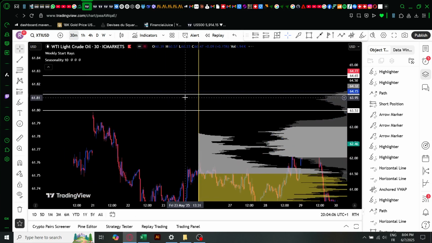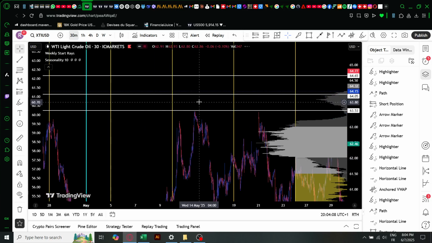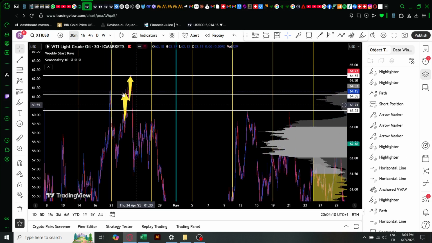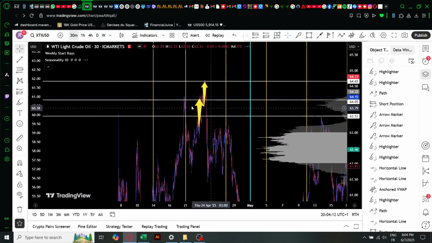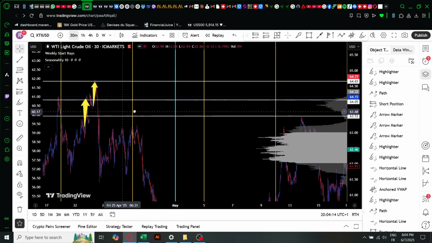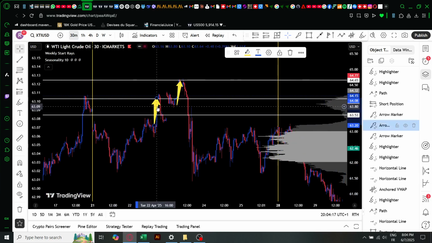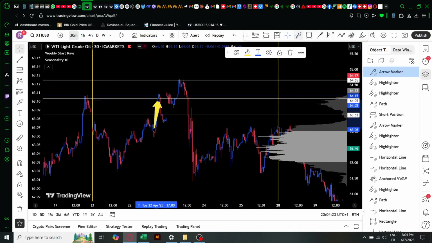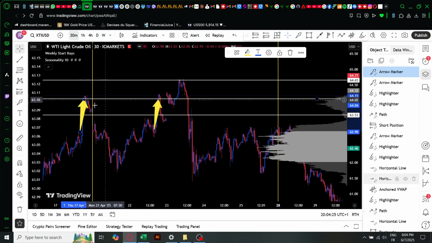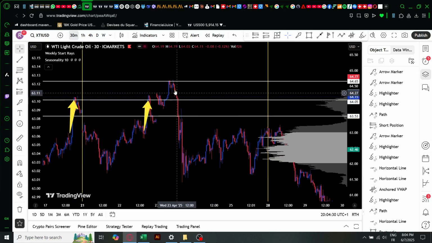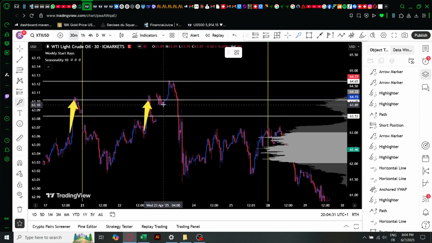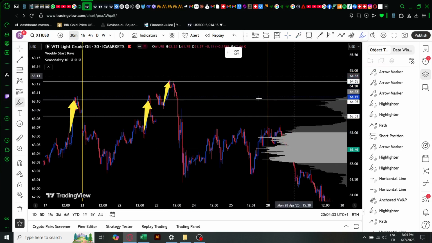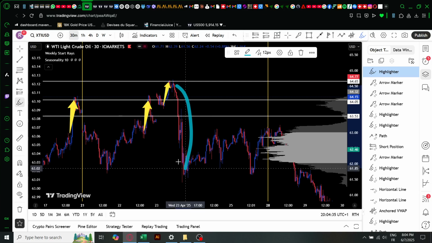We can clearly see that at this level here there were two strong moves. Let me show you. You can see this strong move and this strong move, which had resistance over here. So this is resistance 1, and this move ends, look at the bearish strength.